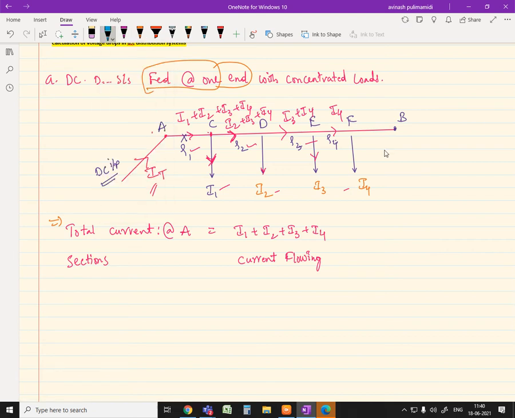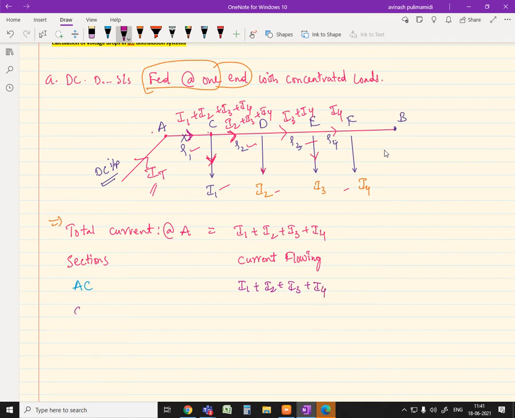So what are the sections we have? First section AC. What is the current flowing here? I1 plus I2 plus I3 plus I4 is the total current flowing in the AC section.